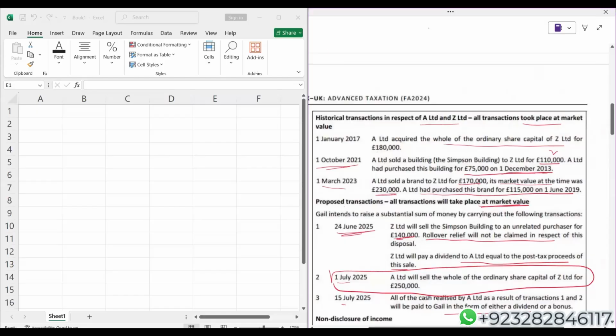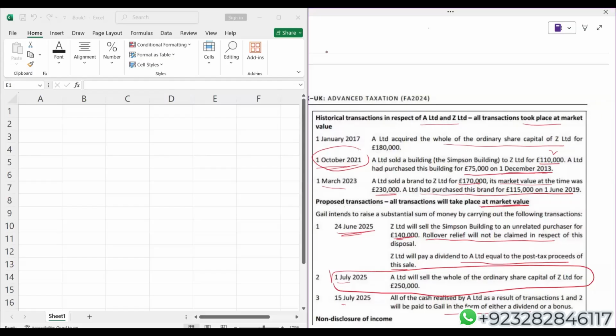Look at this, 1st October 2021. Arrow Limited sold building to Zephyr for 110. Arrow purchased it for 75,000 in December 2013. First of all, you have to explain to your examiner that Arrow Limited and Zephyr Limited both are members of a 75% capital gain group. First point.